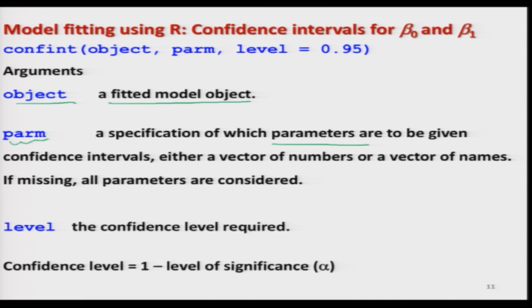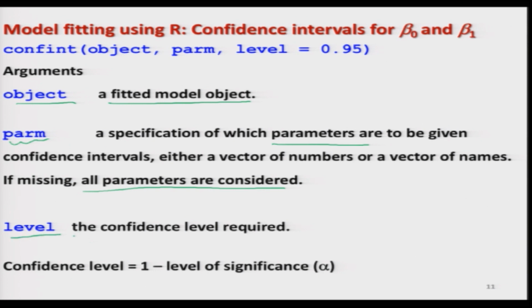If you do not write anything against parm, then all the parameters involved will be considered and you will get the confidence interval for all of them. For example, in the simple linear regression model, if you do not use parm, then you will get the confidence interval for the slope parameter as well as for the intercept term. And then there is an option here, level.